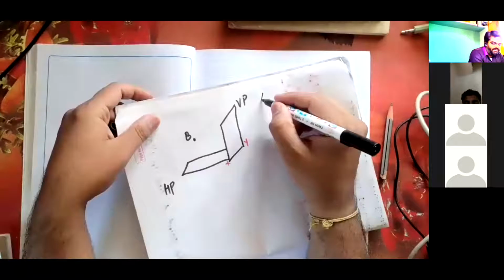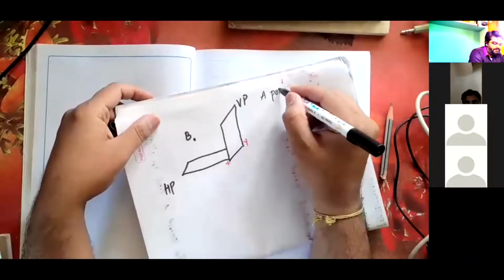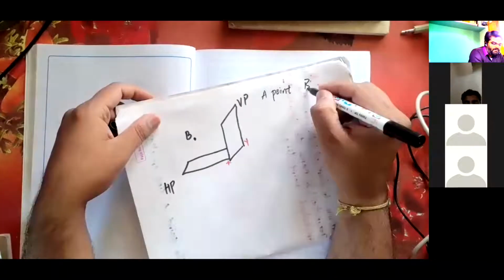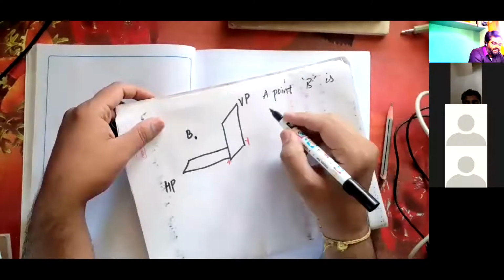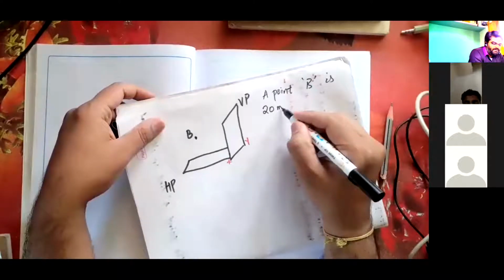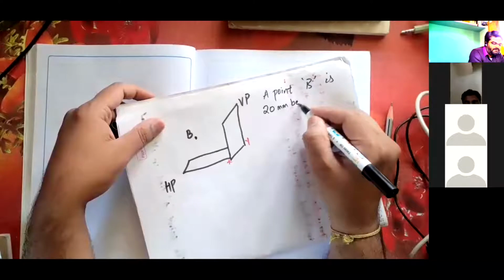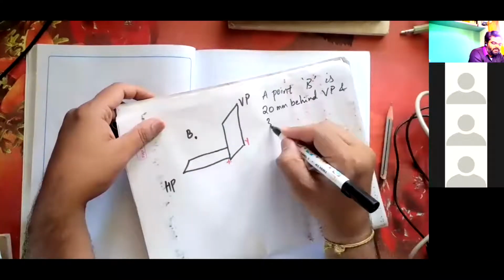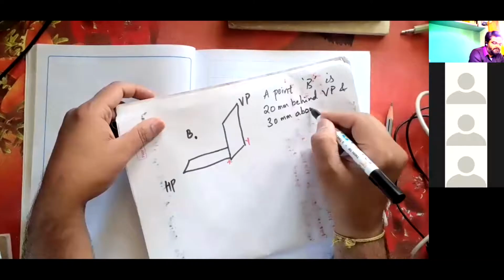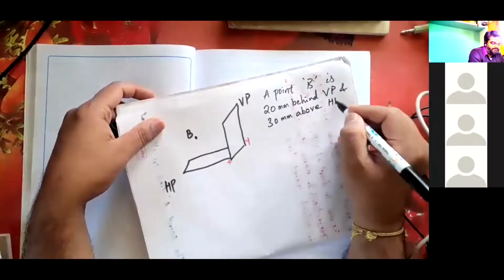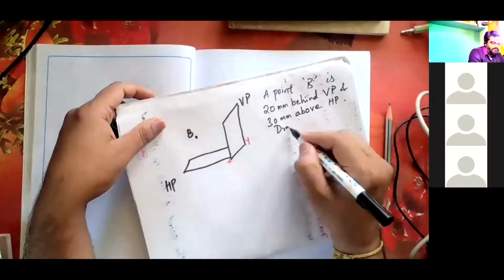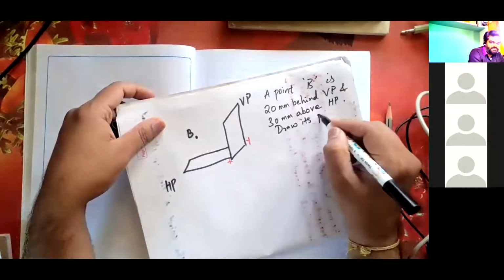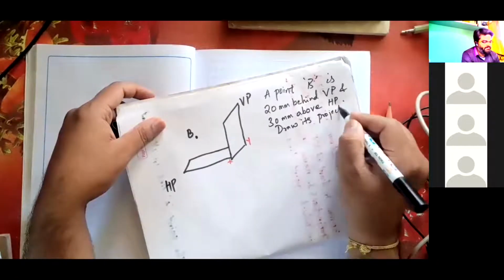The point B is 20 behind VP and 30 above the horizontal plane. Draw its projection. A question may be like this.